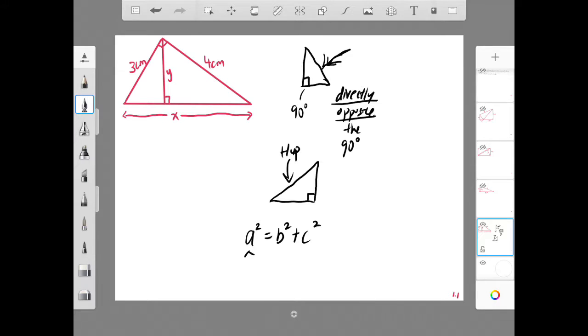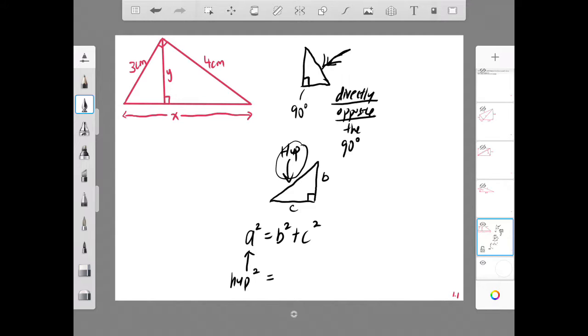So what is A? A is the hypotenuse. A square equals b square, which is either one of the sides of the triangle. Triangles have three sides, right? So the hypotenuse is here, and then b can be here and c can be here, or the other way around. So b and c do not matter, which one of them is which, just as long as you label them properly.